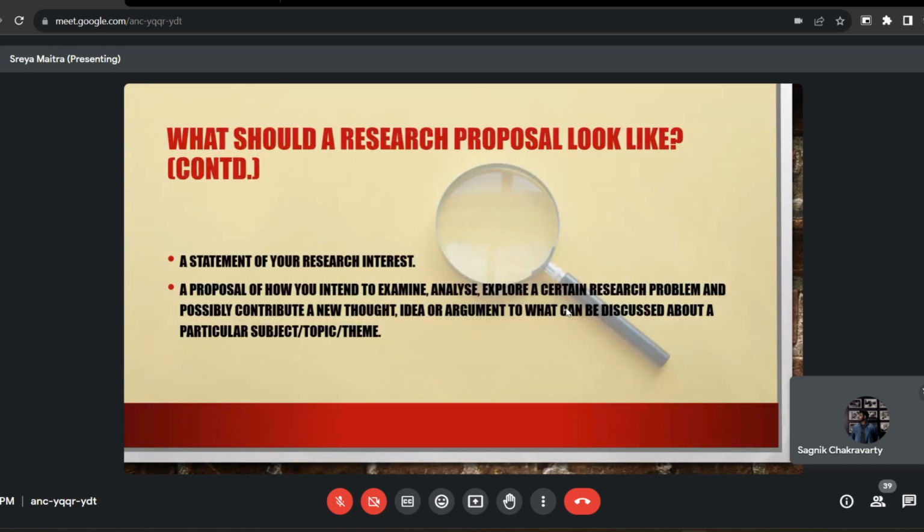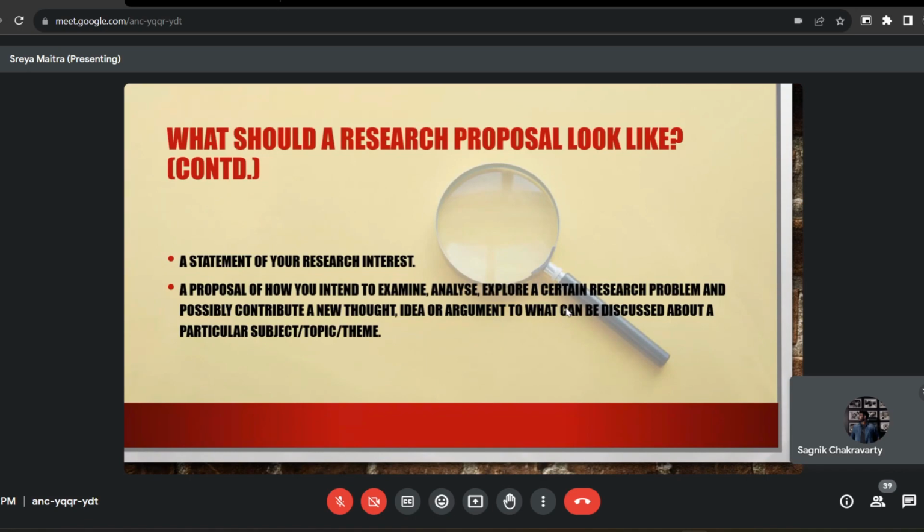So a research proposal is essentially a statement of your research interest. So mark the words "your" and "interest" in that bullet point. It is about you, so it is going to be subjective to a certain degree, like we were discussing yesterday, that in post-positivist research methodology we seldom have any research proposal in social science which is not subjective.